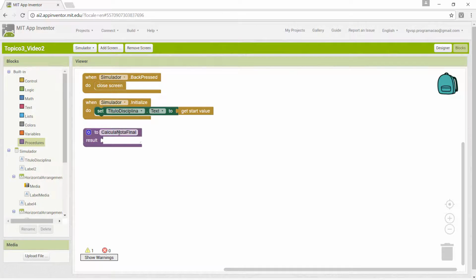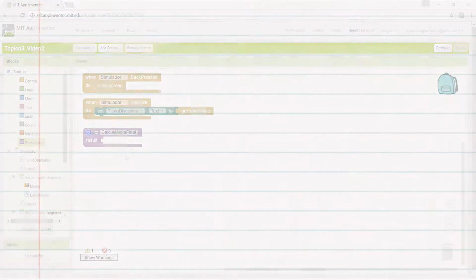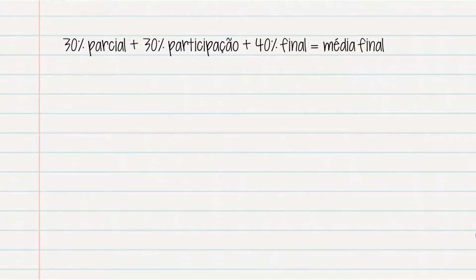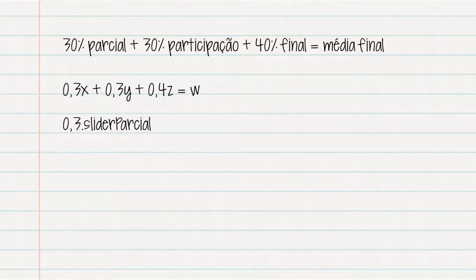Before programming, let's take a look at the math. Again, I have the calculation of the final average. First, I substitute two variables. Then, I replace them with the elements.